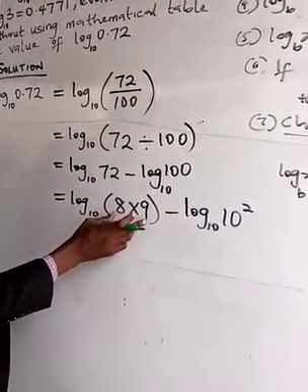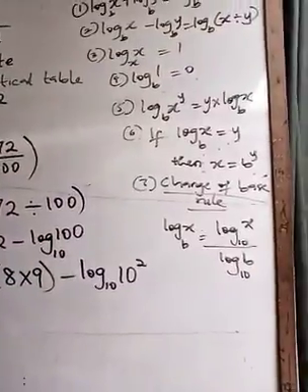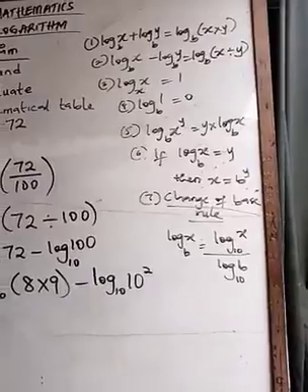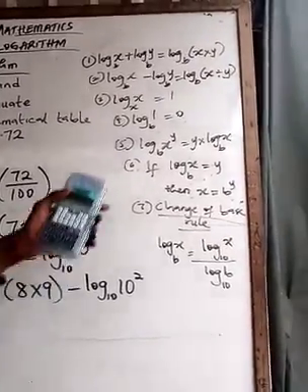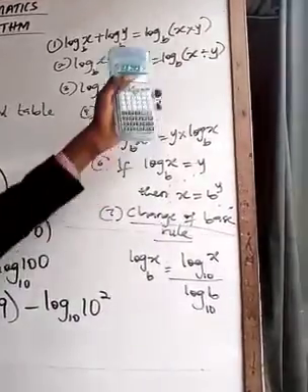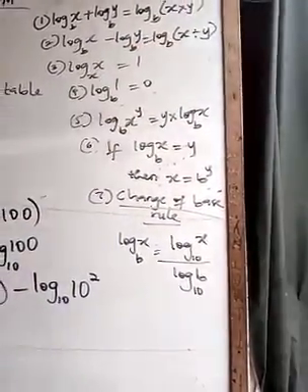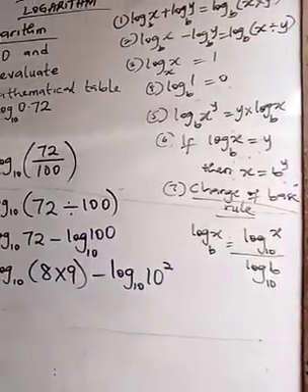So from here now, if you multiply two numbers, according to rule 1, we will apply rule 1 in reverse for this multiplication. If you add two logarithms that have the same base, you multiply the numbers. So that means if you multiply the numbers, you are going to add the logarithms together.